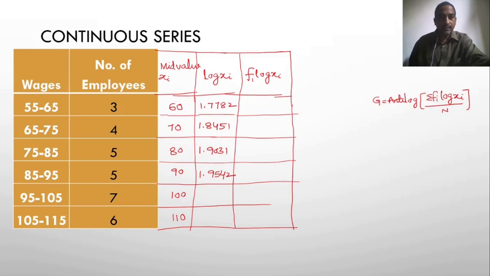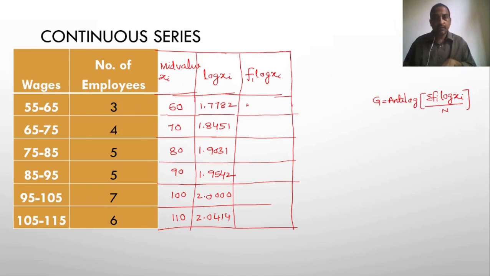And 100 is 3 digits, that's why 2.0000. 110 is 3 digits, 2.11 under 0 is 0414.